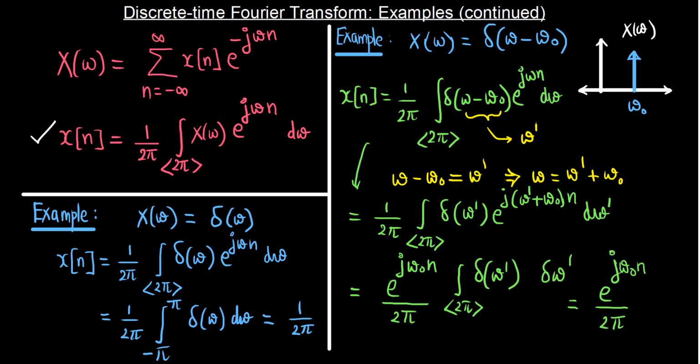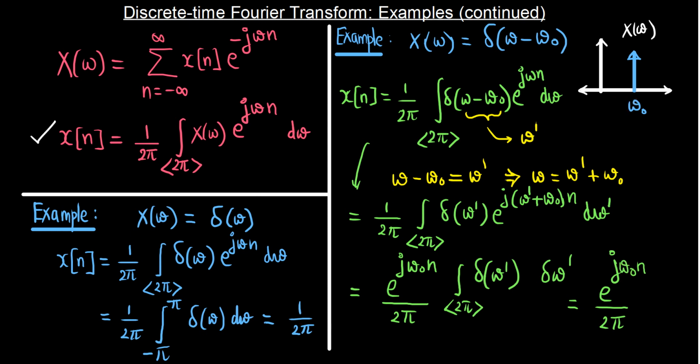So you can see the change that is incurred here. If we have an impulse del of omega whose inverse is 1 upon 2 pi, if we take a shifted version of that same impulse, we are going to get the same x of n, that is 1 upon 2 pi, but the change will be the scaling factor of e power j omega naught n, where this omega naught is the amount by which the signal has been shifted.